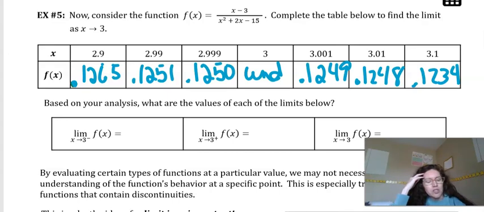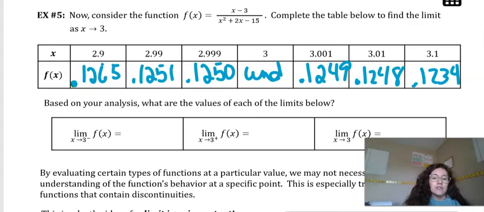So now we look around and you'll notice I went 2.9, 2.99, 2.9999. Same thing over here, 3.01, 3.0001. There we go, getting closer. 3 is undefined, so that wouldn't help for actually finding it.